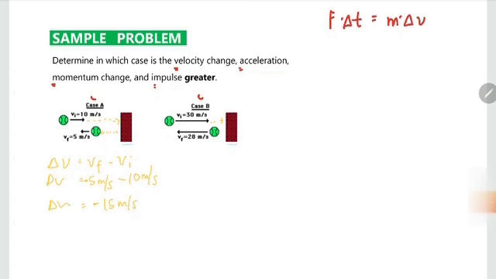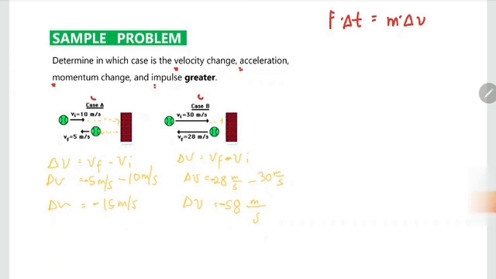Don't mind the negative sign; that only means it is now going to the left. For case B, sorry, the final is negative 28, minus 30 meters per second. Oh, that's big: negative 58 meters per second. Also negative because the resulting motion is toward the left.